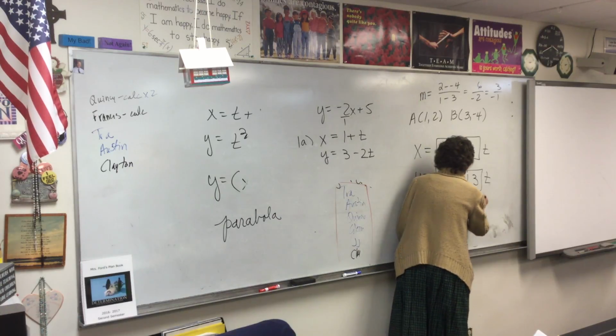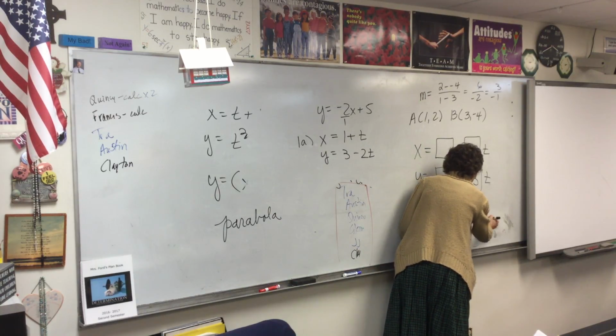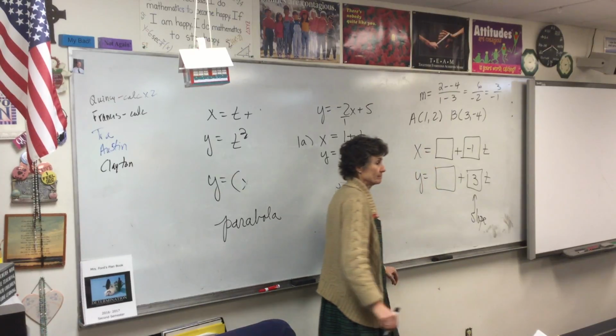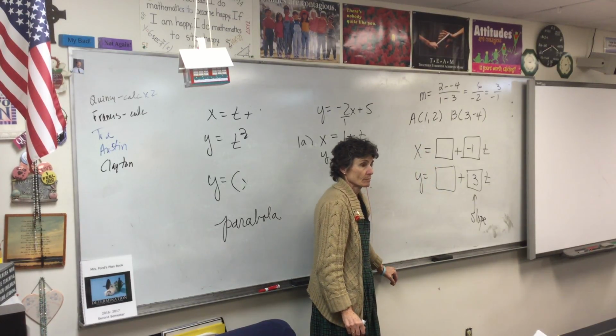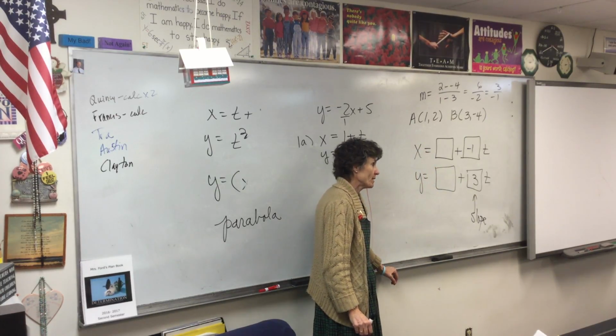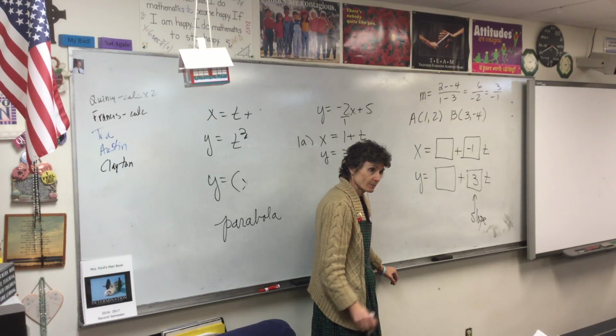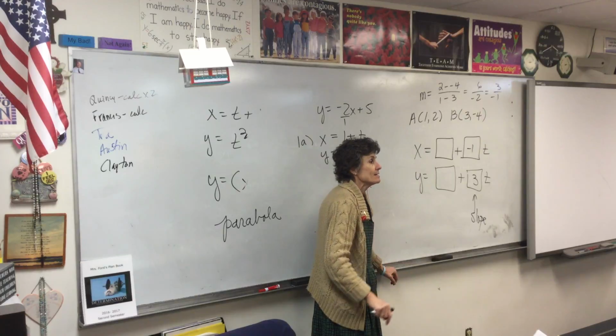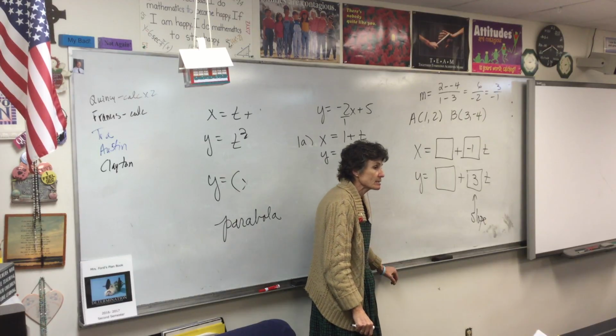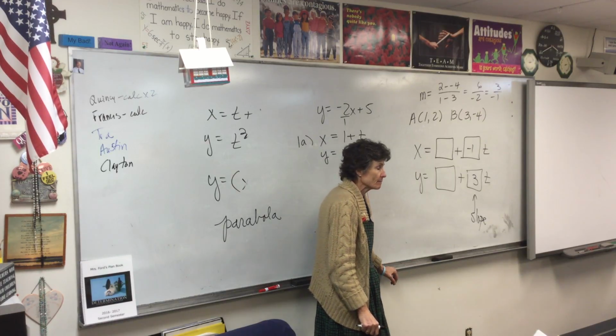Always, always, always your slope goes in the t boxes. And when you put your slope in there, it's got to be y over x. Okay? Now, here's the happy part.